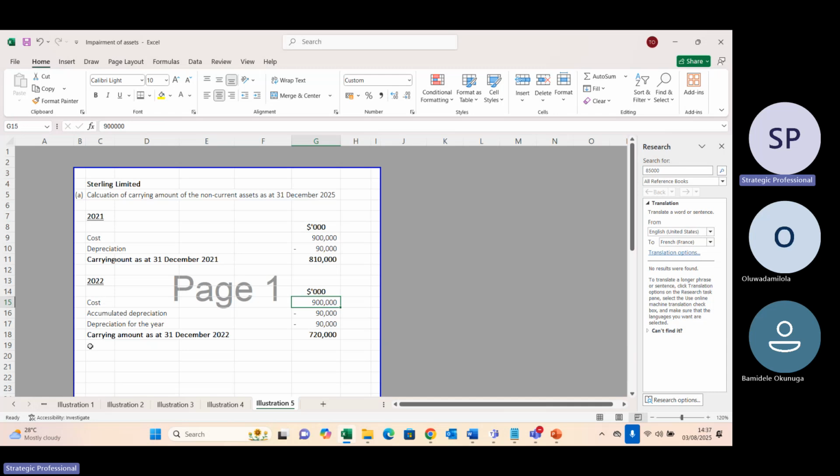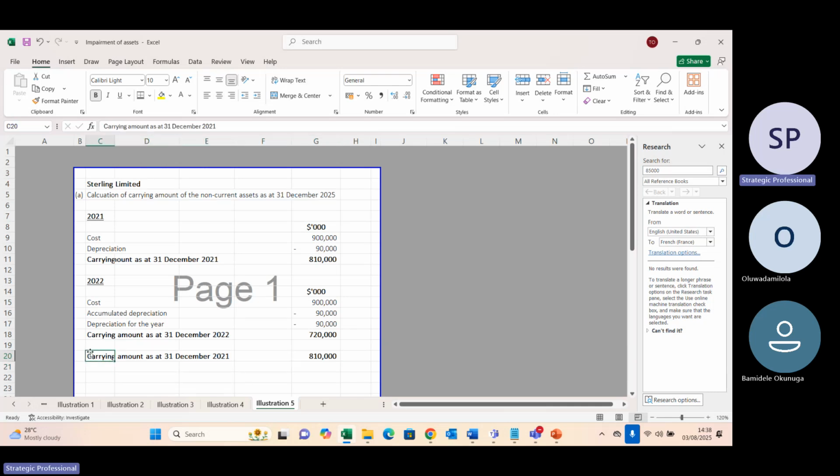If you don't like this method, you can also use the carrying amount as at 31 December 2021. What's the carrying amount of the previous year? In accounting, the closing balance of the previous year becomes the opening balance of the next year. So this is the opening balance of 2022.